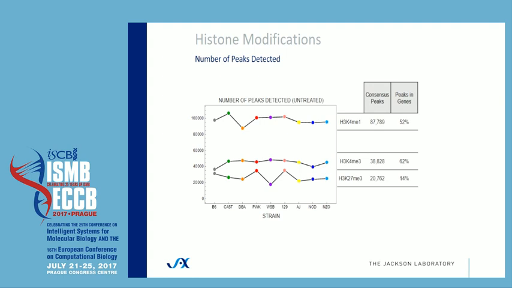If you look at consensus peaks that appear in one or more strains, you see that many of these are shared. Not all of these peaks are shared across all of the strains, but many are shared. And not surprisingly, many of the H3K4 peaks overlap genes, and not so many of the K27 trimethylation peaks, which is an insulator, overlap genes.